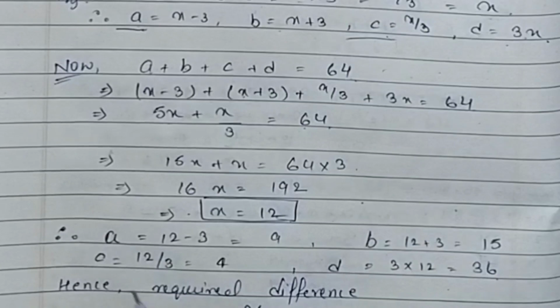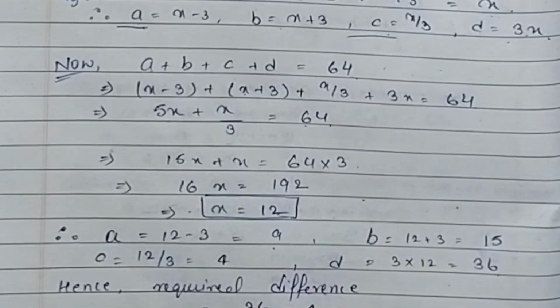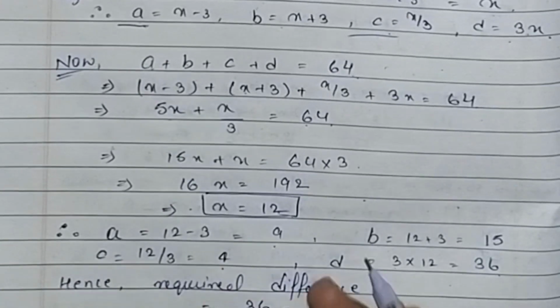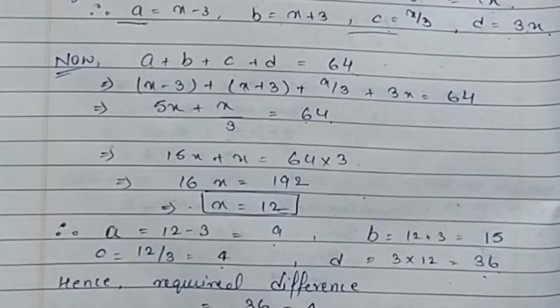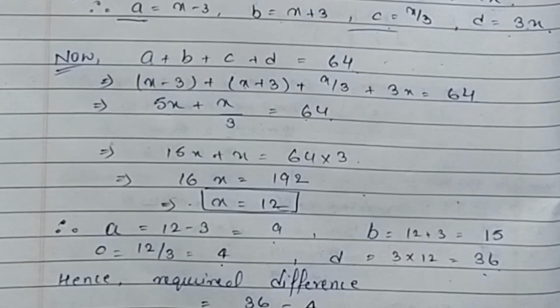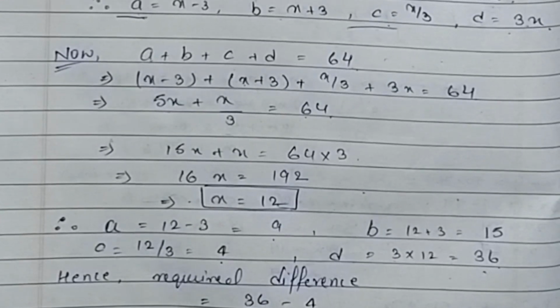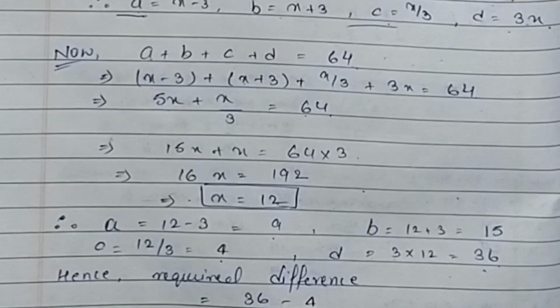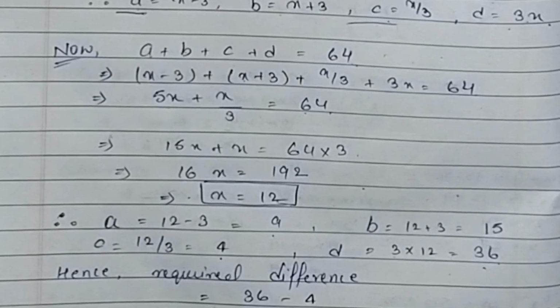By using these equations, we have found the value of A, which is 9, B is equal to 15, C is equal to 4, D is equal to 36. So now we know the original numbers are 9, 15, 4 and 36.